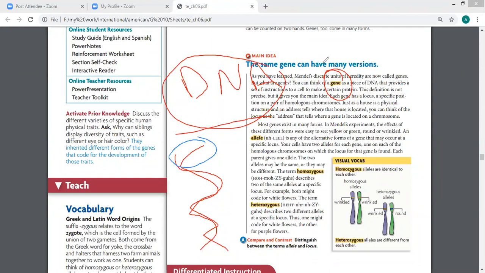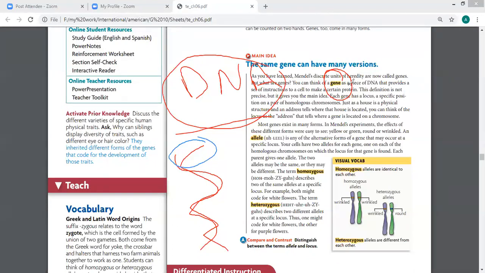So a gene is a piece of DNA. What is the function of this gene? This gene provides the cell with the information or instructions to make a certain protein.